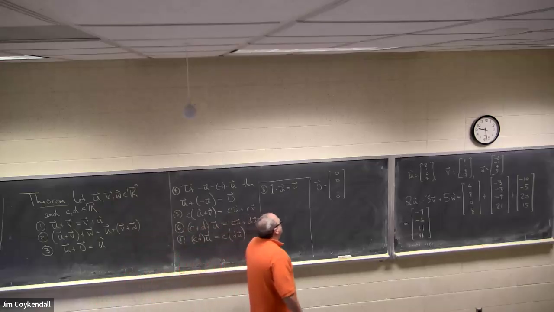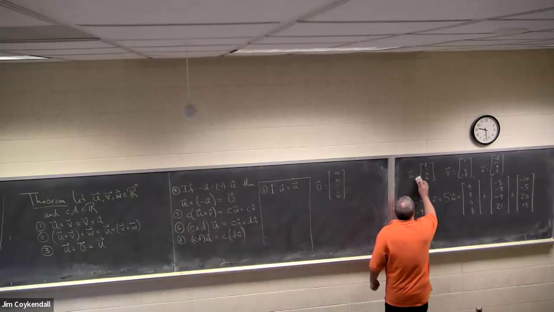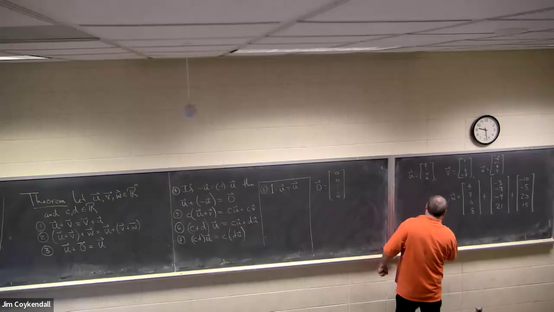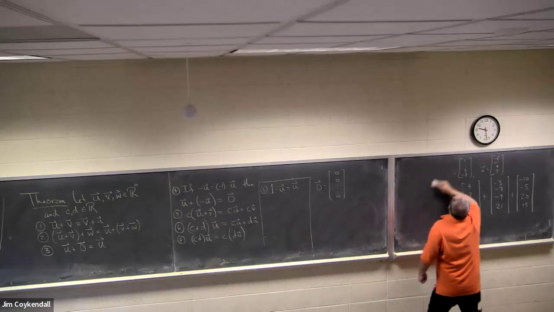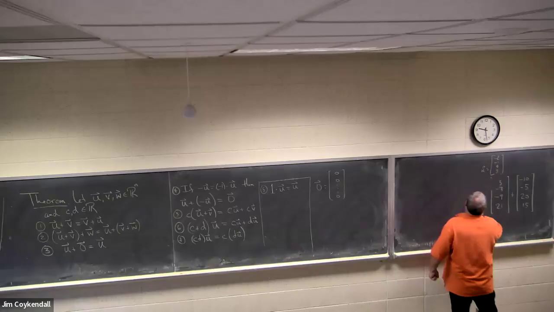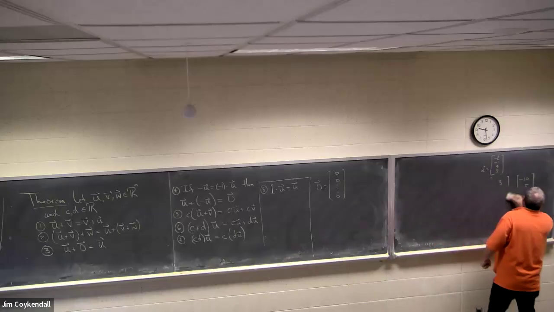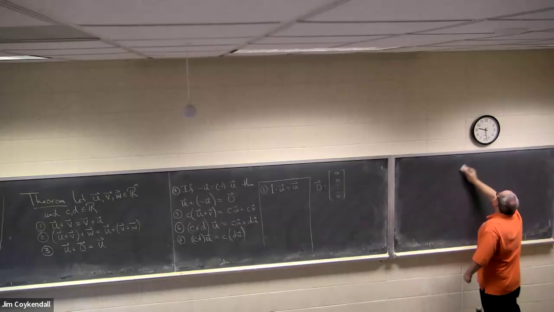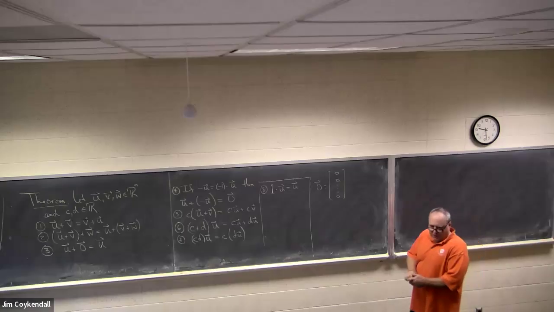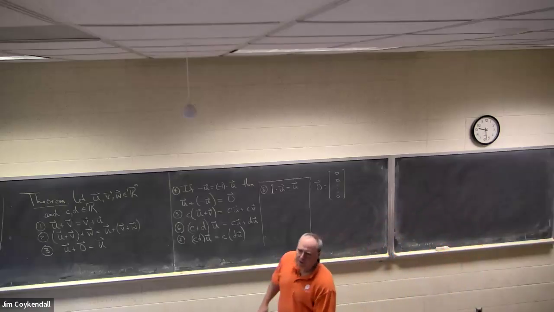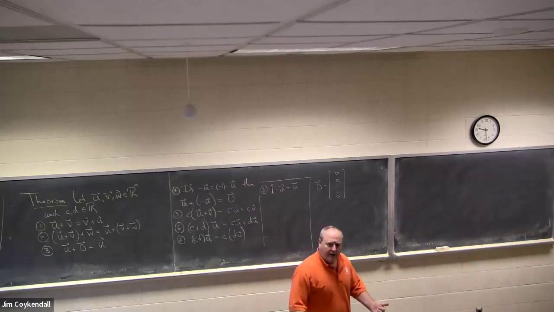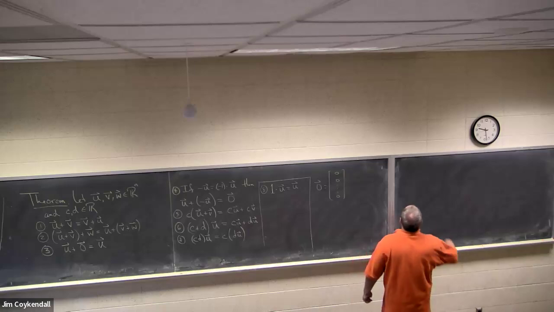Let me give you another definition that we're going to see come up quite frequently. Suppose that I walked up to you on the street and gave you a collection of vectors.